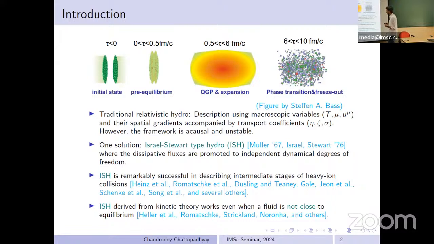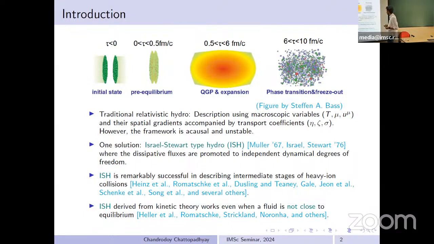a collective flow velocity, and so on. However, this is not the hydrodynamics that is used to describe the quark-gluon plasma, because this framework, as I discussed two days ago, is numerically unstable and also has acausal modes.